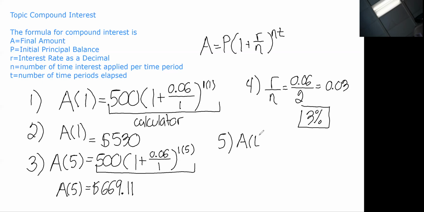A of 1 year is equal to the initial principal amount of 500 times the quantity of 1 plus our interest rate as a decimal, 0.06, divided by 2, since it is compounded twice a year, so the number of times interest is applied per time period is 2.